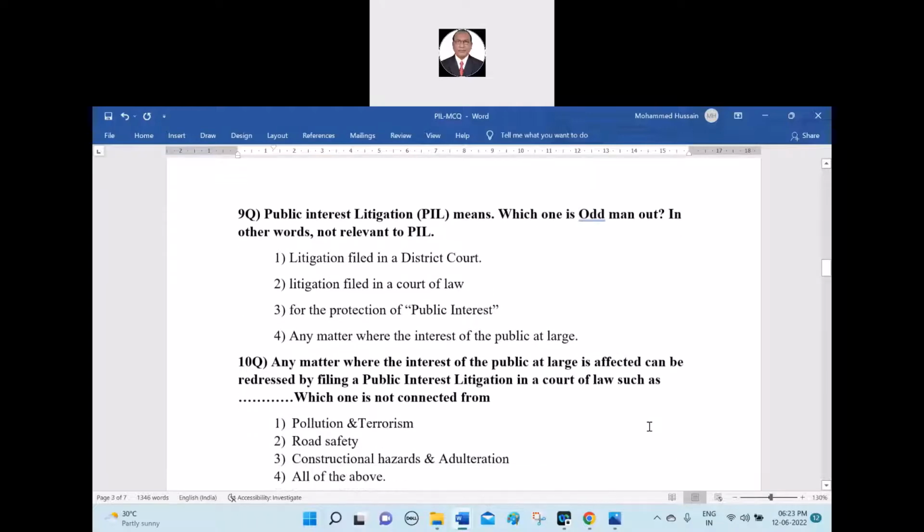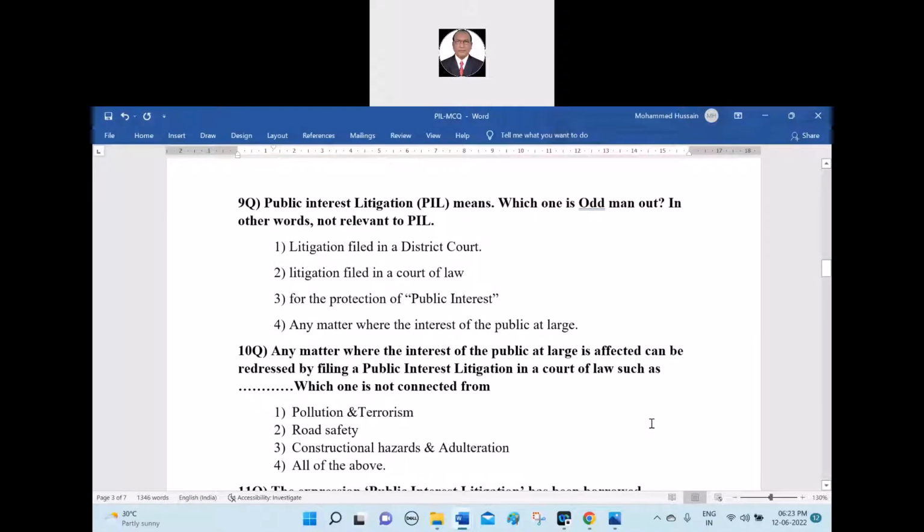So 10th question. Anyone can unmute and read. Any matters where the interest of the public at large is affected can be redressed by filing a public interest litigation in a court of law, such as dash. Which one is not connected? Number 1, pollution and terrorism. Number 2, road safety.